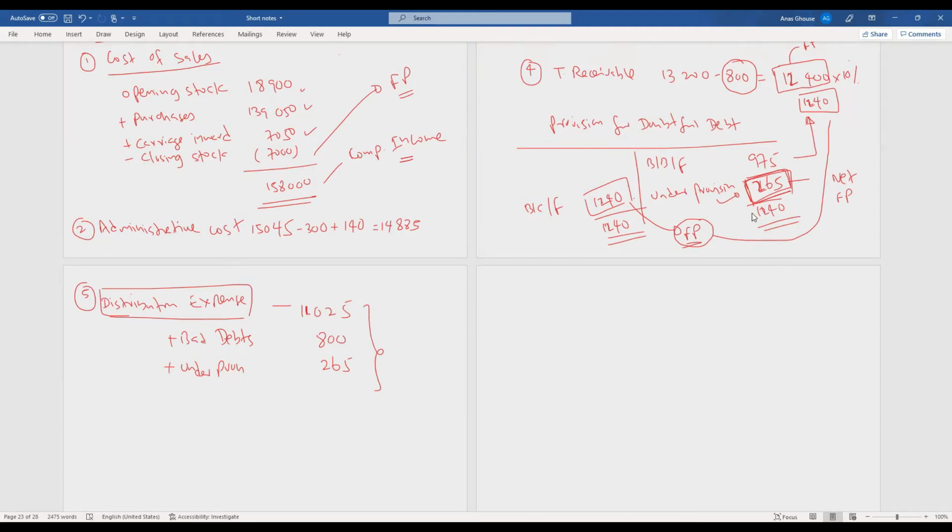Okay, so straight away we can take this 1,240 and accounts receivable 12,400 to the balance sheet, the financial position. So let's move on to the financial position and let's record this 12,400,000 and this provision for doubtful debts.